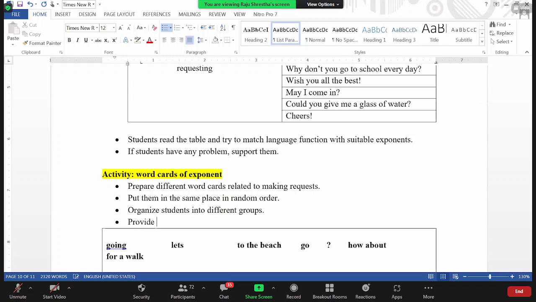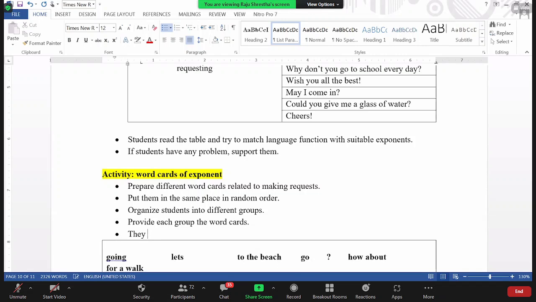Provide each group the word cards, and they have to read the word cards and arrange them in proper order to make a suitable exponent.